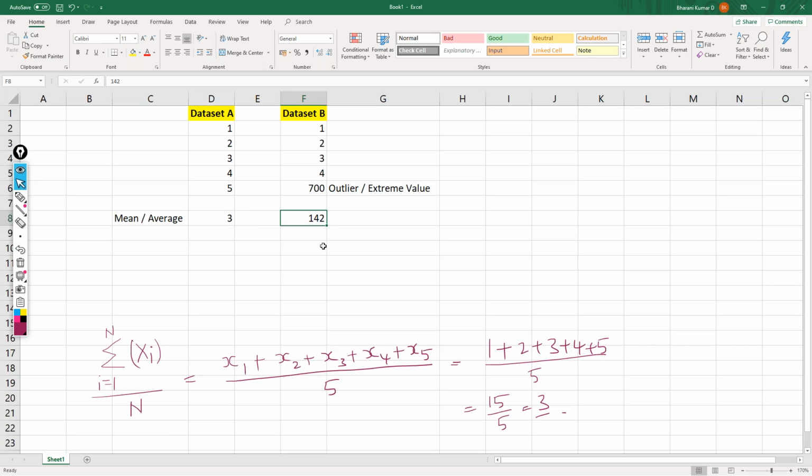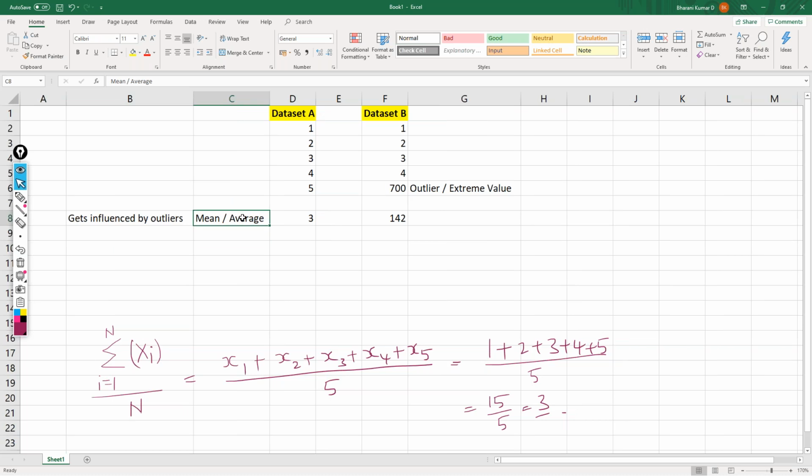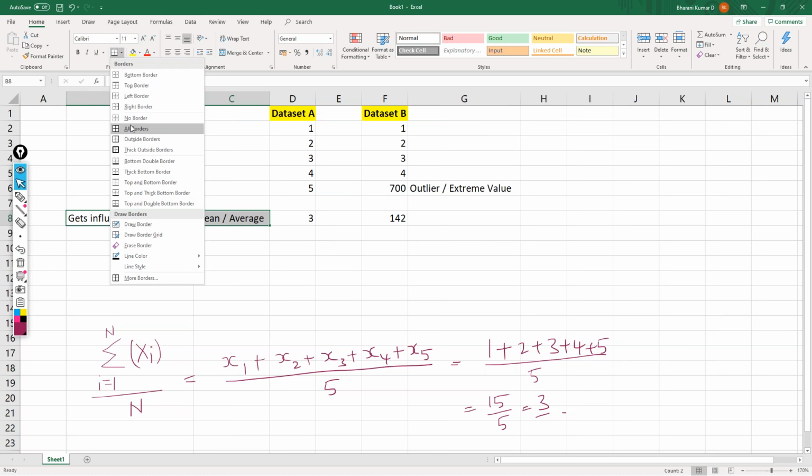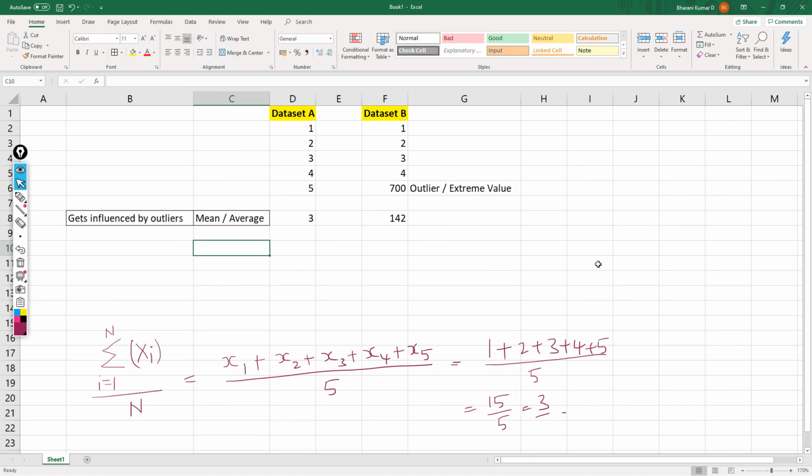It changed drastically, right? And so mean is something which gets influenced by outliers. And whenever you have outliers, mean is not a good measure. You shouldn't be using mean. A lot of people mislead you. How do they mislead you? Okay, let me erase this.